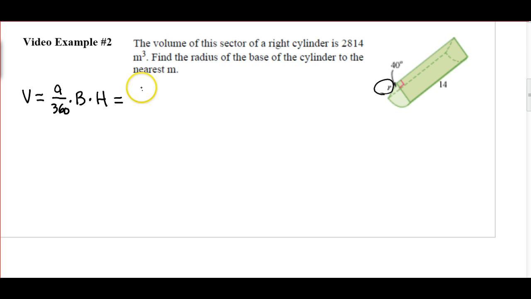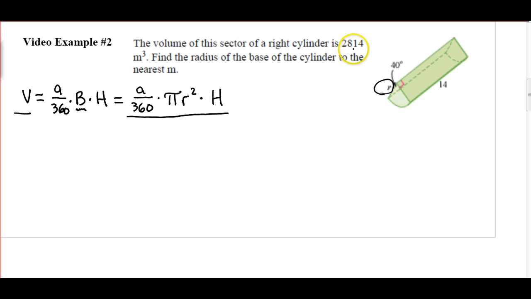Alright, so this becomes A over 360, and then my area of the base, since the base is a sector of a circle, is going to be pi times r squared, and then times the height of the prism, or the cylinder. So the volume is equal to A over 360 times pi r squared times h. Let's start substituting in what we know.